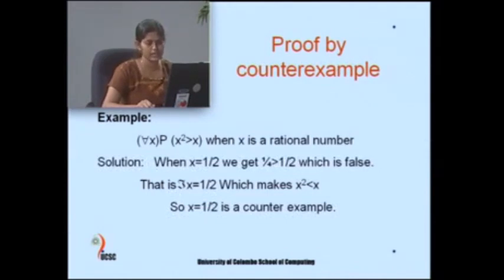Because if you substitute half in our previous inequality, that is x squared greater than x, then we get 1 upon 4 greater than 1 upon 2, no, hence false, because half is greater than quarter. That is, there exists a value which makes sense. So we can say there exists a value half that will make the statement for all x, p(x), false.